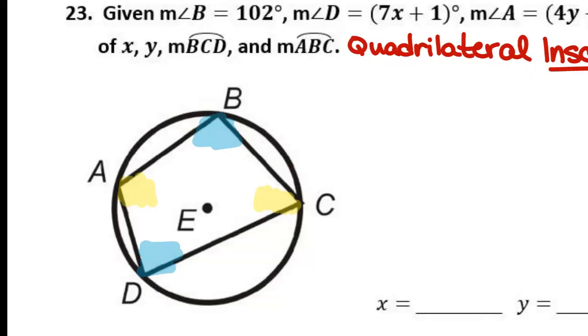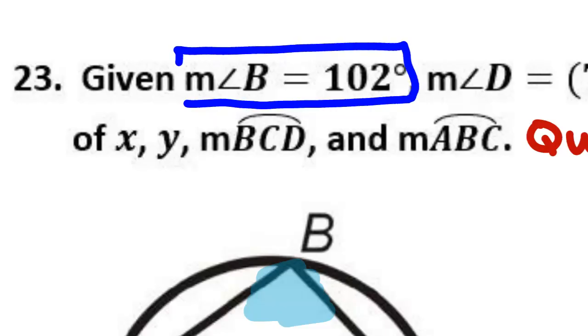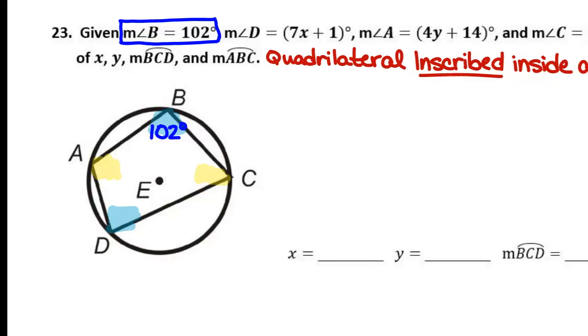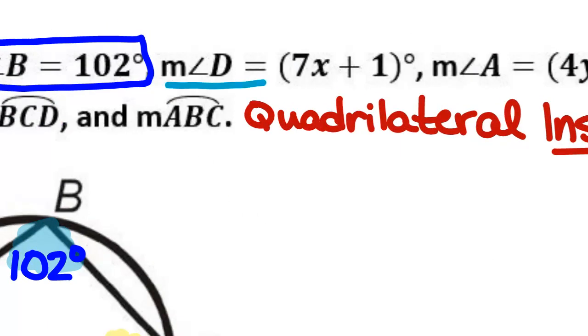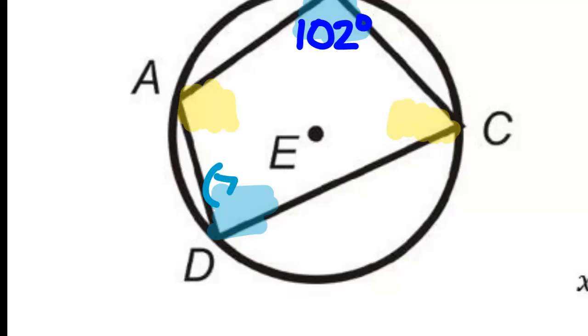Let's see what they've given us to work with. It says the measure of angle B is 102 degrees. So I'm going to write that in right here. 102 degrees. And the measure of angle D is 7x plus 1 degrees. 7x plus 1.